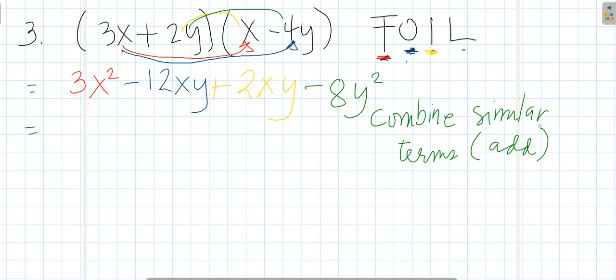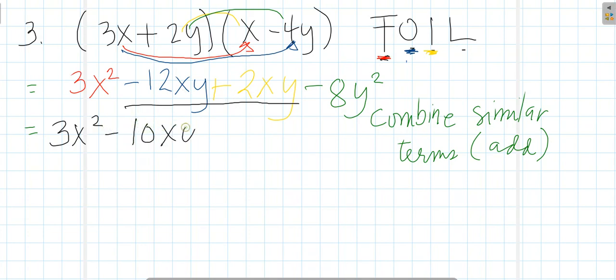So 3x squared has no similar term, but we have here negative 12xy plus 2xy, which is negative 10xy, minus 8y squared. So therefore now you have your answer.